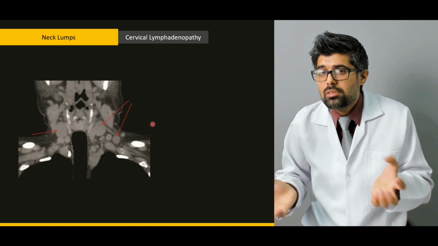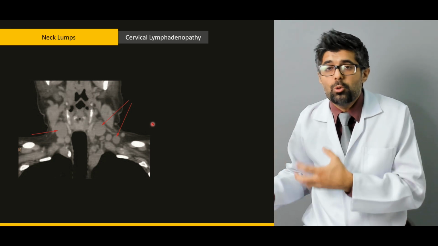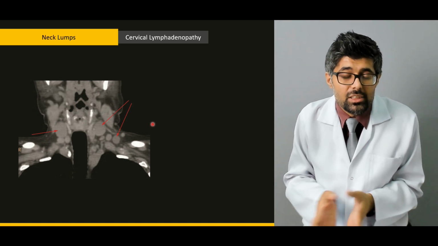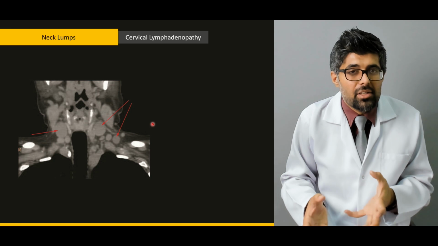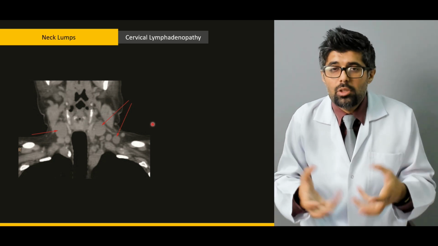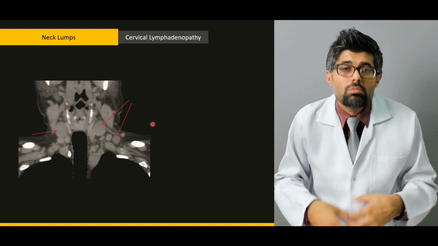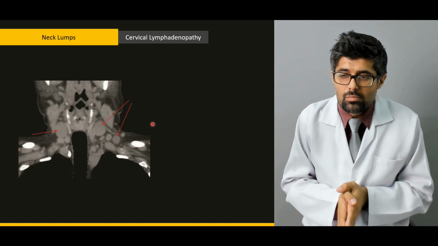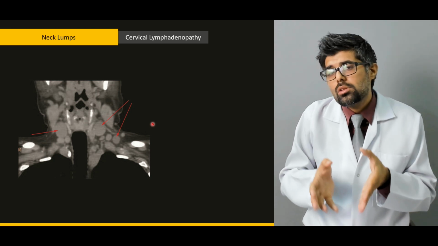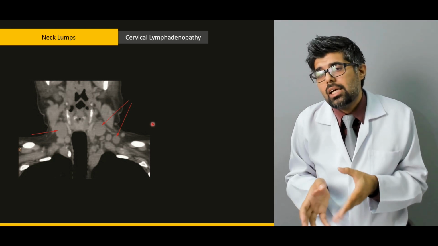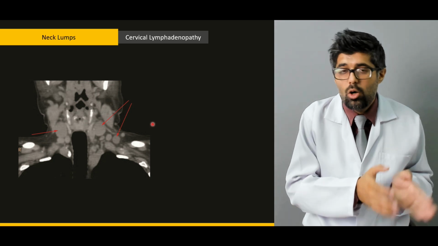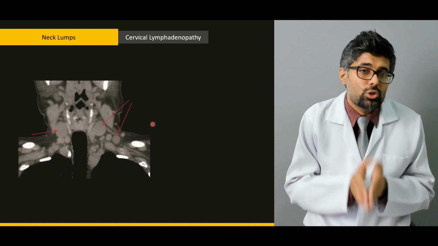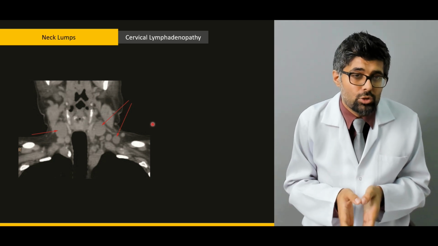The reactive is when the lymph nodes swell up due to some kind of bacterial or viral disease, or they become matted and joined together during tuberculosis, or they become enlarged during malignancies. Now, one of the most common malignancies of the neck is the lymphoma, Hodgkin's and non-Hodgkin's lymphoma. Both are diagnosed through cervical lymph nodes.